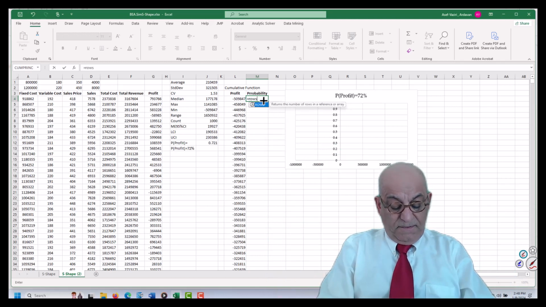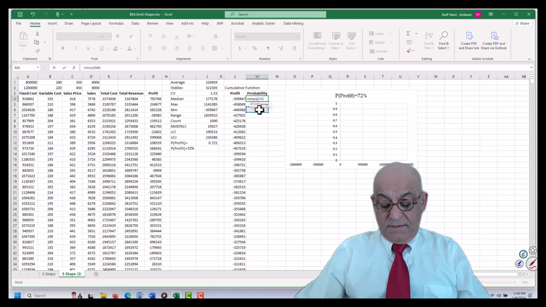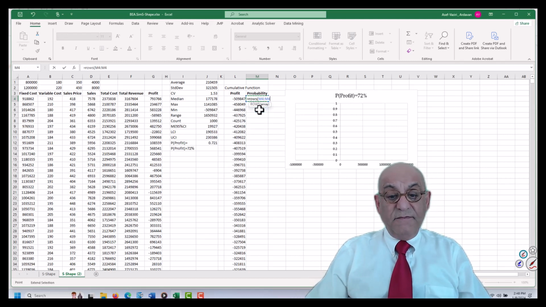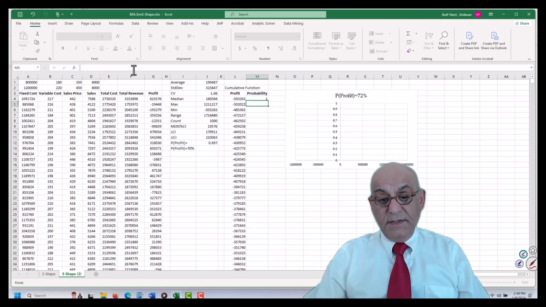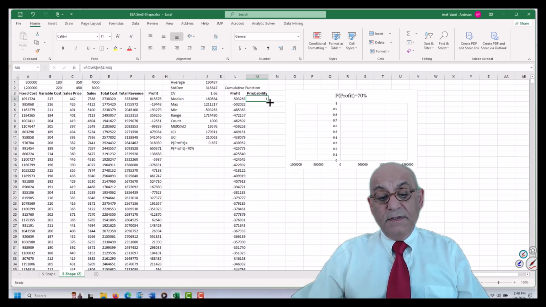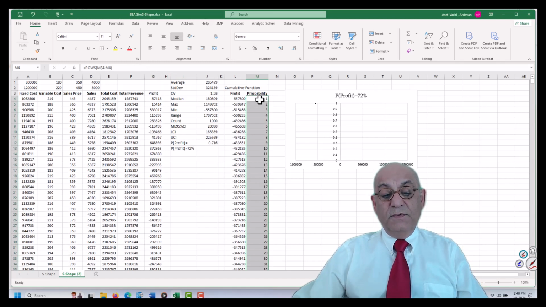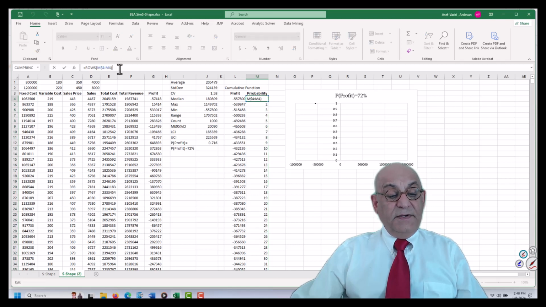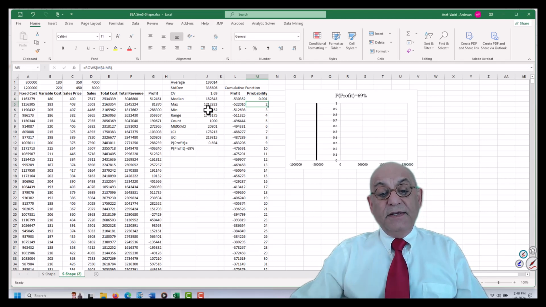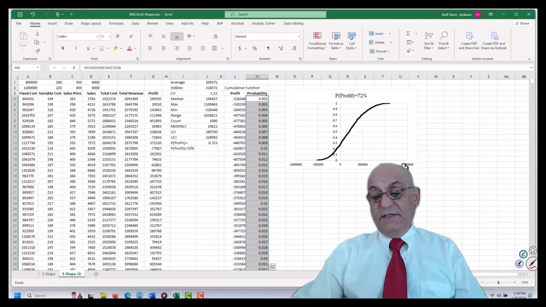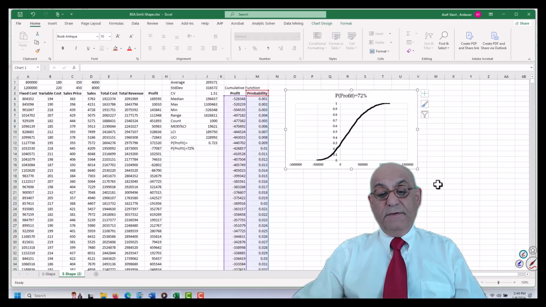ROWS from here to itself. And I put a dollar sign in front of the first one. Enter. Click, click. It will write 1 to 1000. And then if I divide it by count and lock it, it will give me the probabilities. Click, click. And this is the curve that I have got.